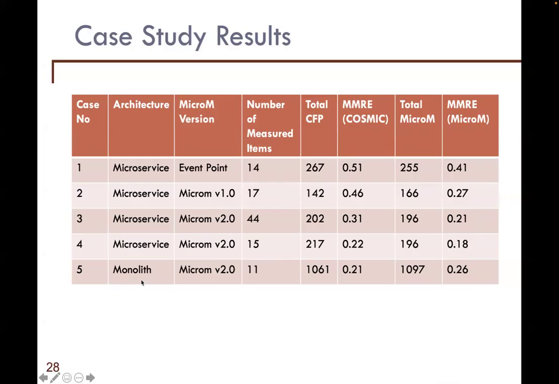This one, the monolith, actually COSMIC performed better in predicting the effort required for this project. But this is understandable because it's a monolith, and events are less significant in these types of systems. So you can see that we can nicely perform using the Micron size measurement method.